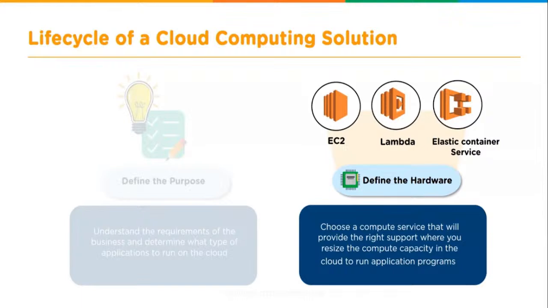One size does not fit all, and there are different services and hardware for different needs you might have. Like EC2, and Lambda if you are looking for serverless computing, and ECS that provides container service. So there is a lot of hardware available to pick the right hardware that suits your requirement.